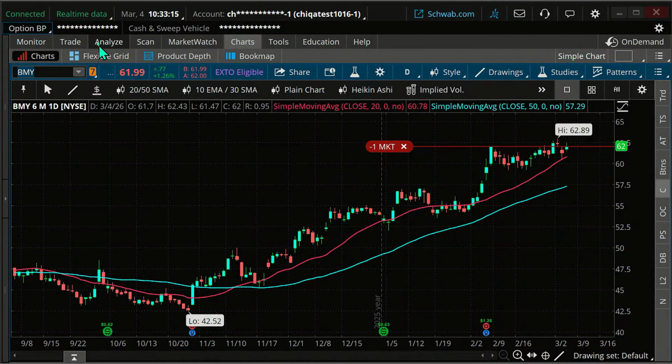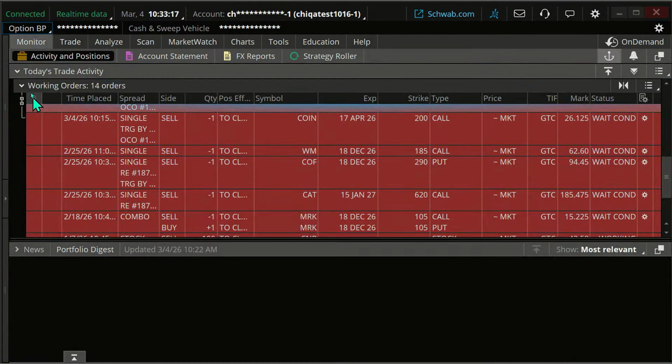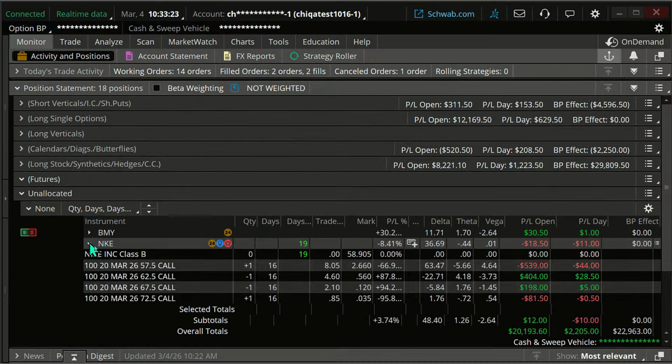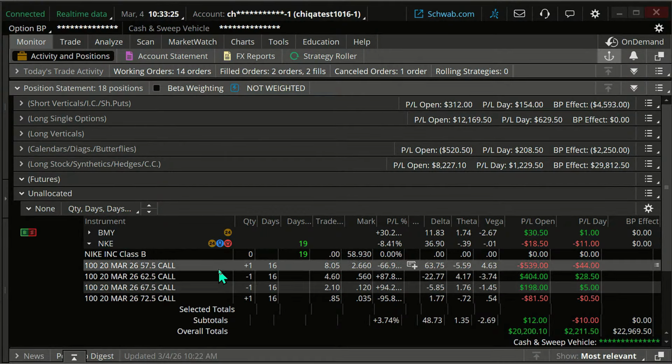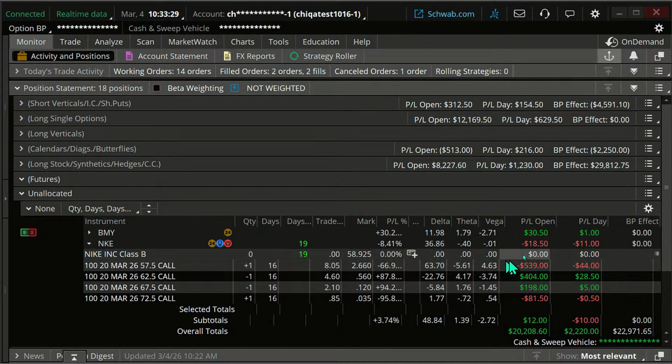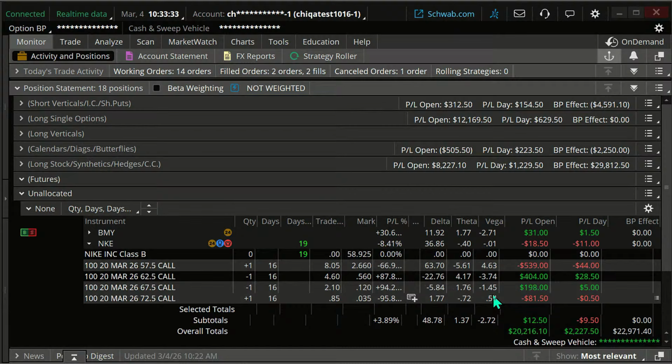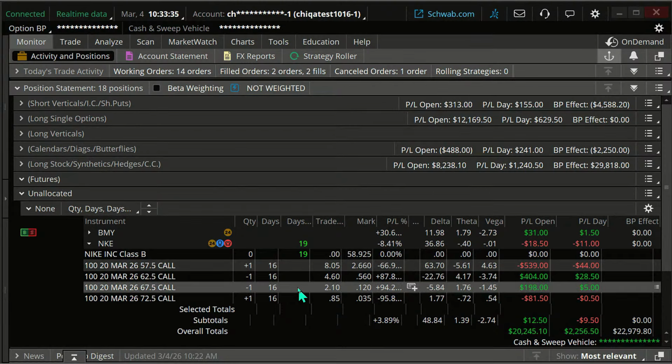Let's move on to another one. We have another one here in another Condor, actually. Okay, we'll look at this is another one here. Now, this one's not doing so well. We're actually down a little bit, not a ton, but we're down a little bit on this, $18 overall. And we have 16 days, so no urgency to get out. Let's use the same test, though, that we did on the other one.